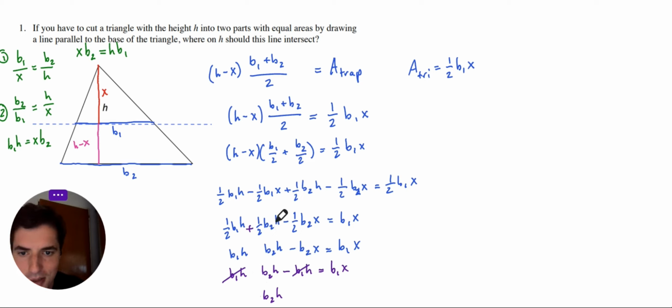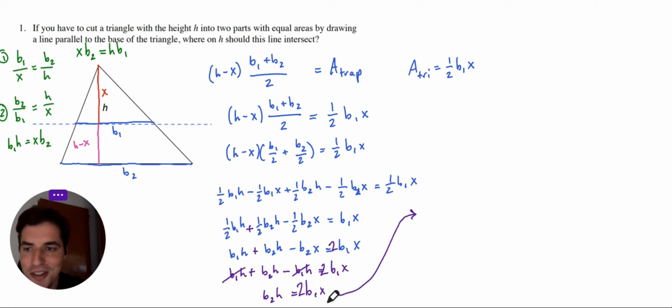Plus b2h, and this is a positive b2h. b2h equals b1x. Oh my gosh, I'm awful. This is a 1. When we multiply by 2, it becomes a 2. So this really is the first time I'm doing this, and this shouldn't get published.